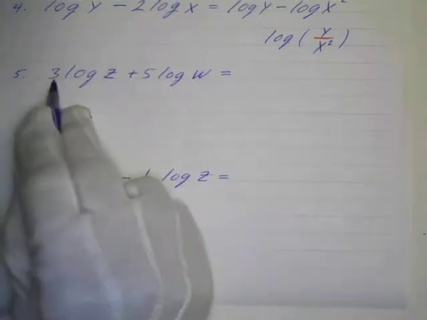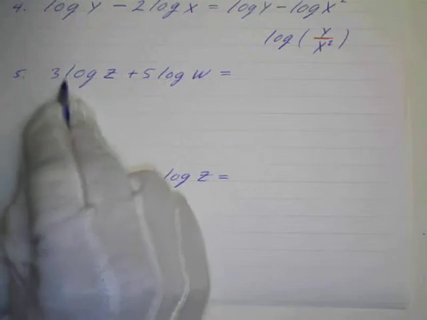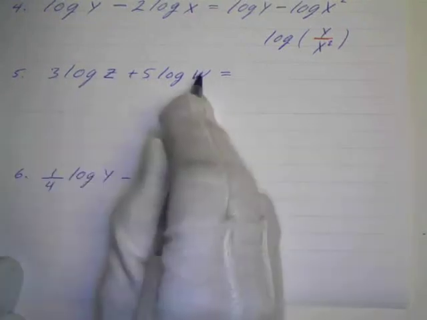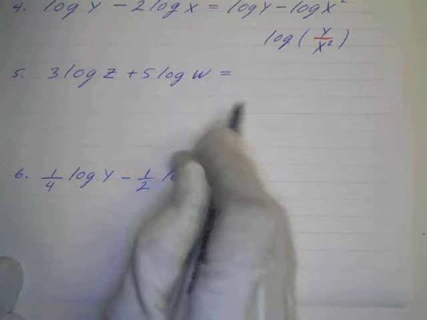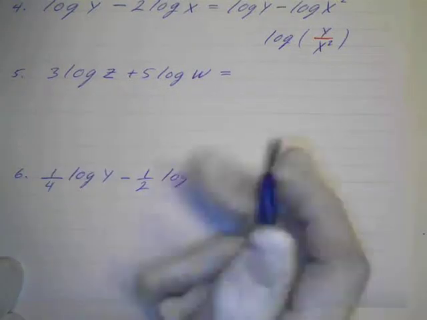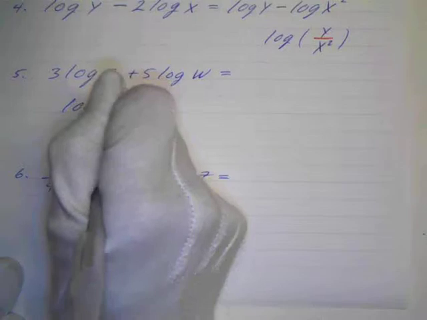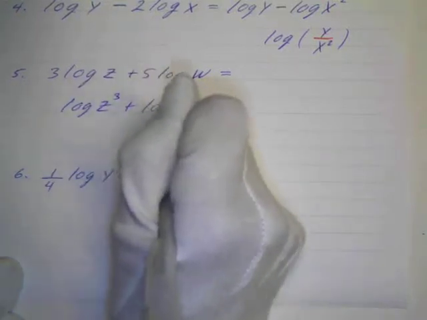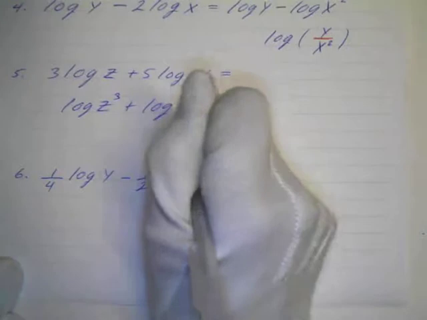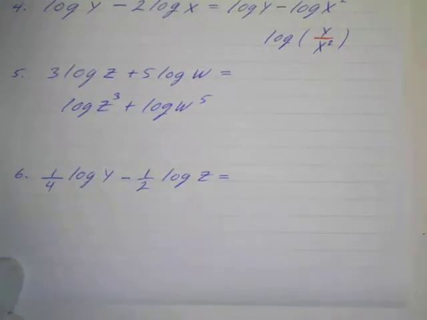So first of all, I've got exponents here in front, or these are the numbers in front that I could go back to put them as exponents, because we want to have just log plus log. We don't want to have 3 log plus 5 log. So I can rewrite this as log of z to the third plus log, and this is base 10, of w to the fifth. So you put those exponents back up.